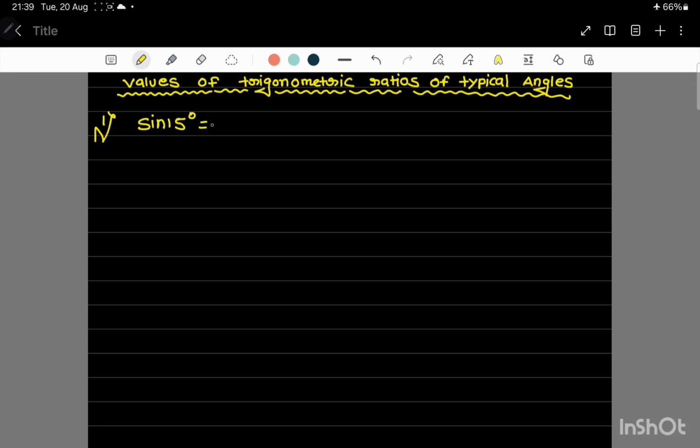Sine 15 degree is equal to, we can write here, sine 45 degree minus 30 degree.